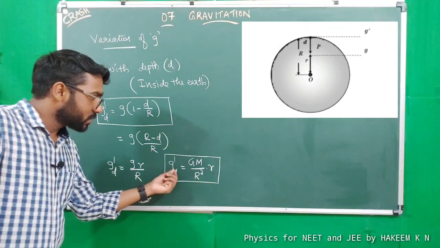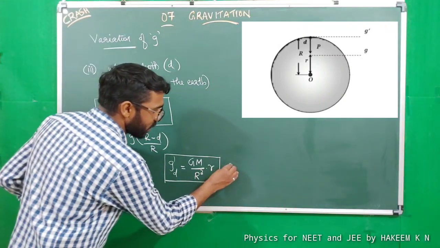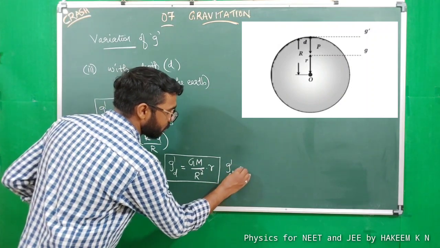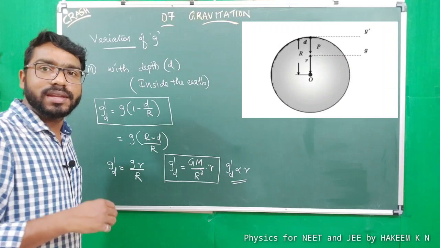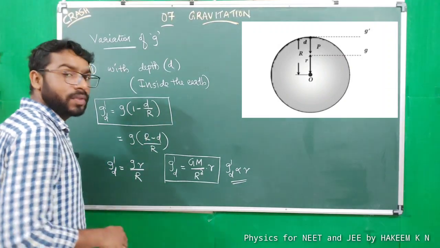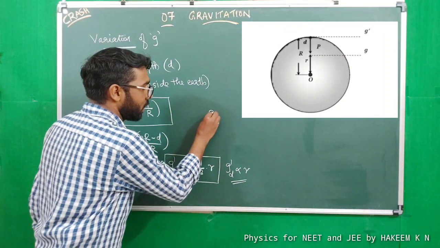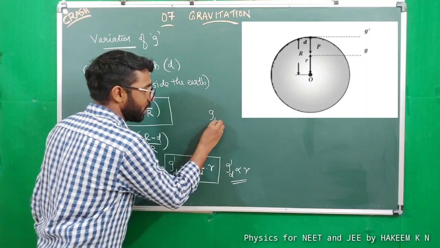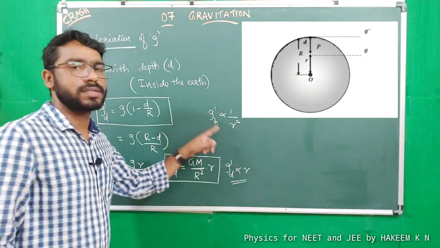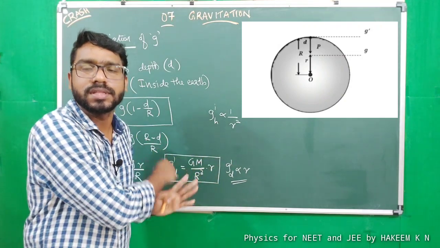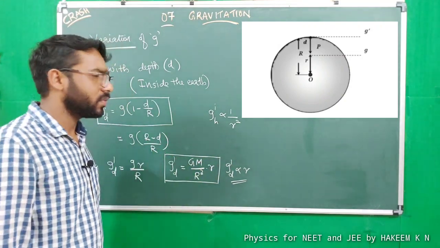Okay. So here you can say g dash with depth is directly proportional to r, and g dash with height is directly proportional to 1 by distance square, as we discussed in the earlier case.